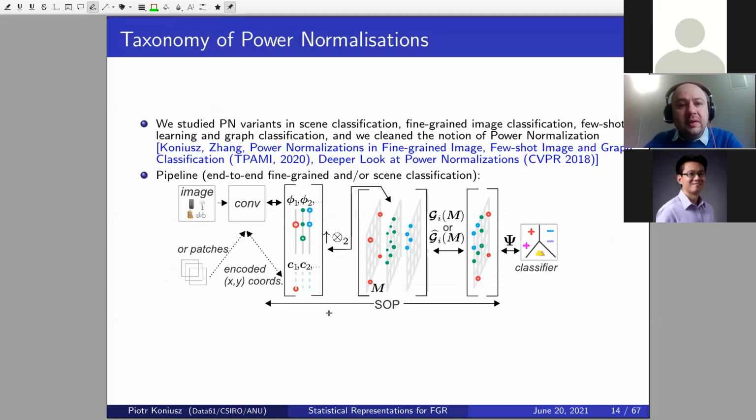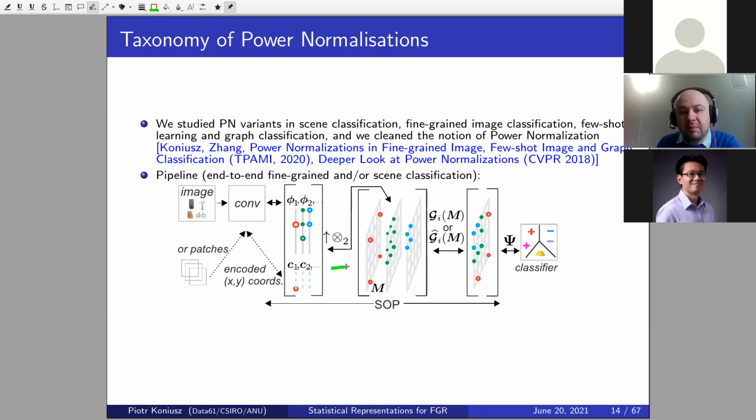Now, I just wanted to explain again how a typical fine-grained pipeline looks. So simply we have an image, we pass it through some convolutional neural network, or we can pass the patches. We can even pass their positional embeddings. We obtain features phi, again concatenated with positional embeddings.